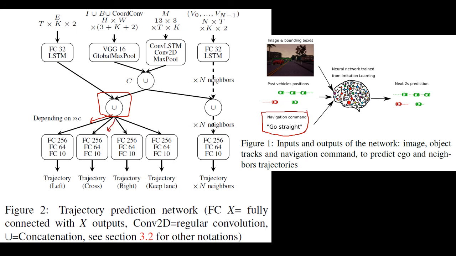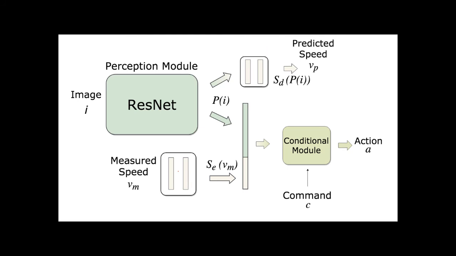So internal to the network again. Another example, again, you see the command coming here and then going to the conditional module, which influences the action. This time you still have this extractor being independent of the conditional module.